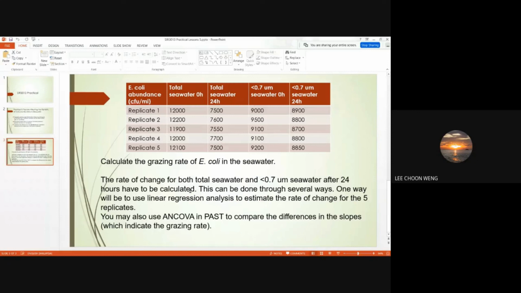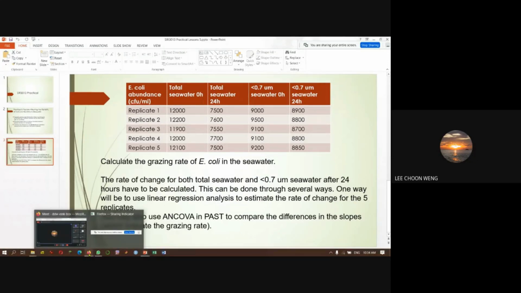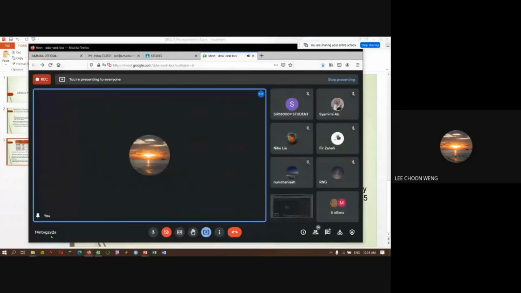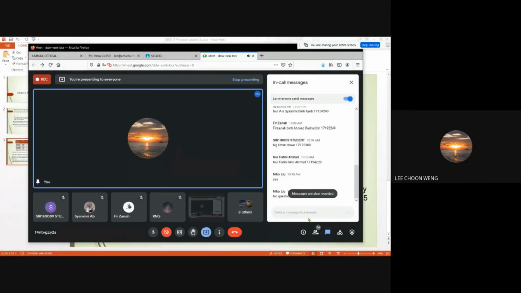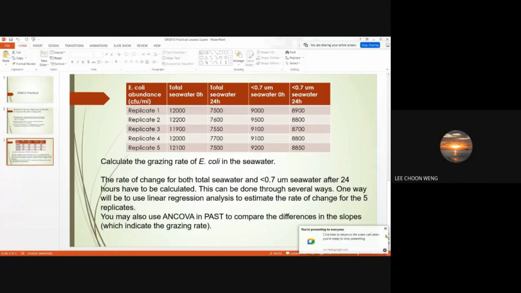Any reason? I mean, we inoculated the same amount of E. coli in your samples.